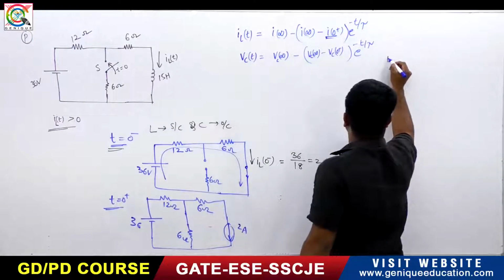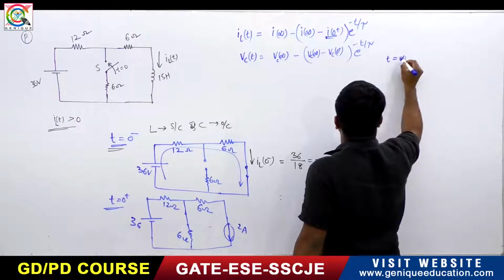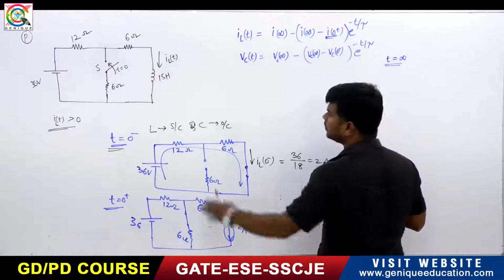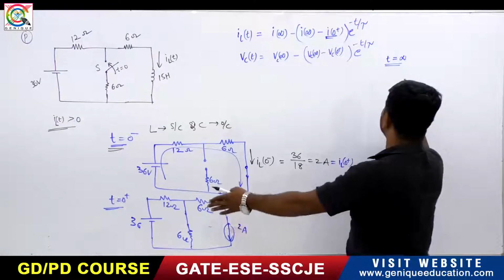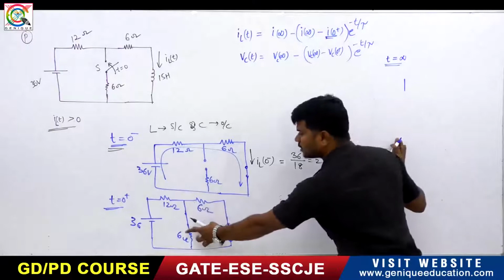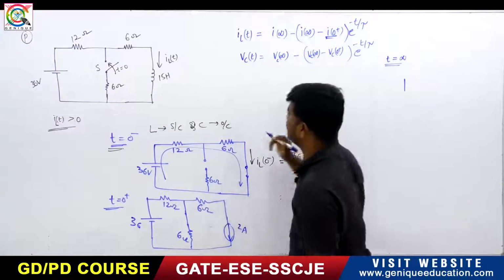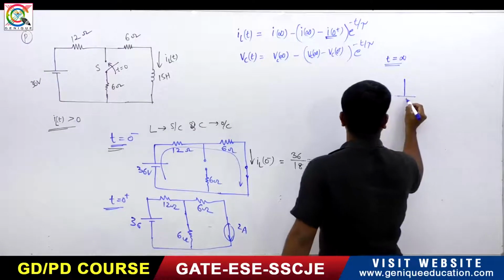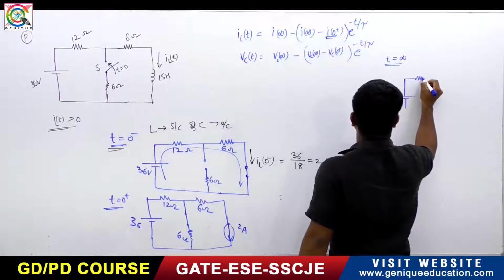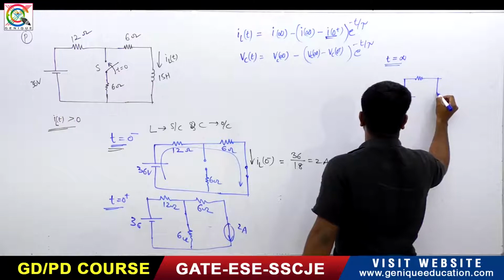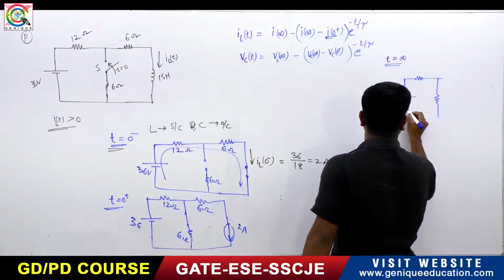Now in steady state at t equals infinity, meaning the final state, how will the circuit be? The circuit will look like this. See, it is a closed circuit, right? So at t equals infinity also, the switch is closed, right? So this will be 36 volts, one resistor. This is short circuited, and here is one more resistor.